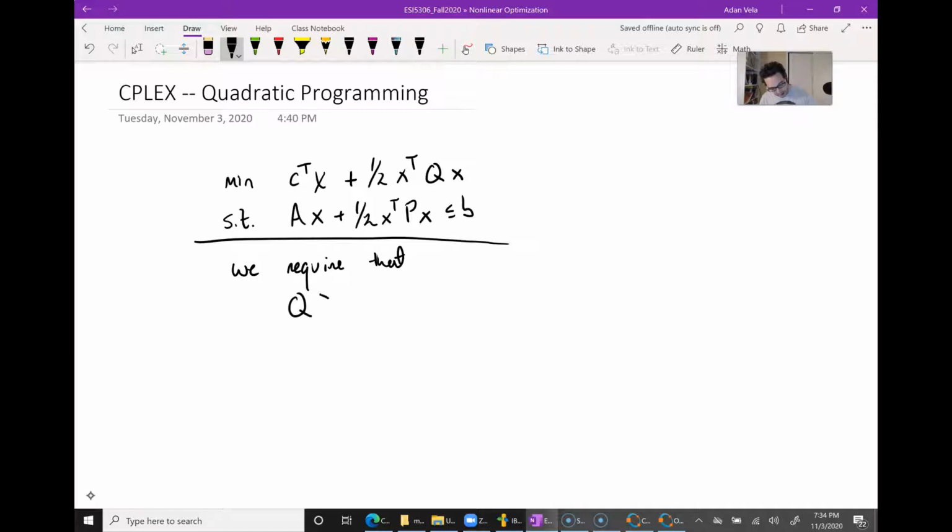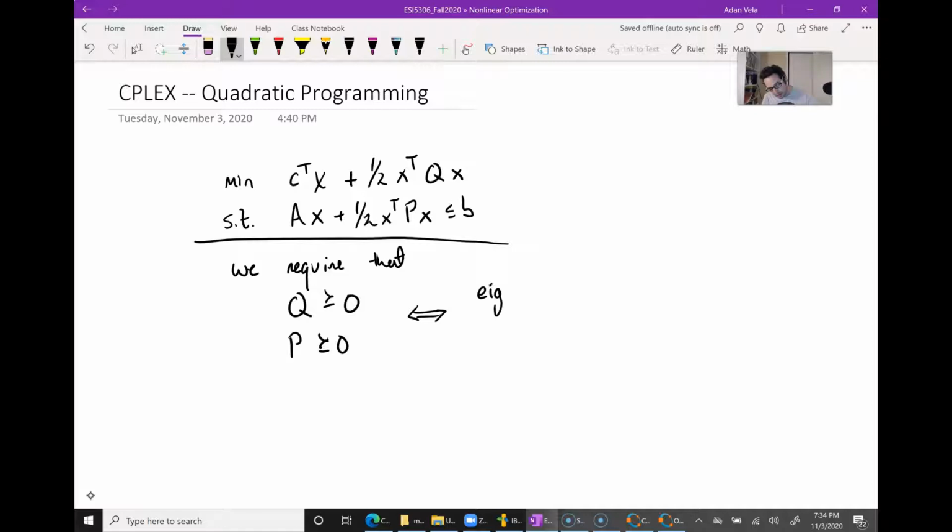So we write that by saying Q is greater than or equal to 0 and P is greater than or equal to 0. Sometimes you'll see it written like a curly greater than or equal to. When we write this, we're not talking about the values inside of the matrix P or Q. In fact, what we're talking about are the eigenvalues.